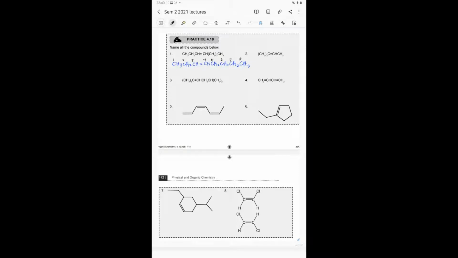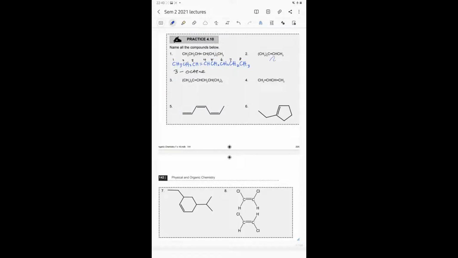So the name will be 3-octene. Very easy. Maybe you will be confused why madam said very easy. It is very easy.